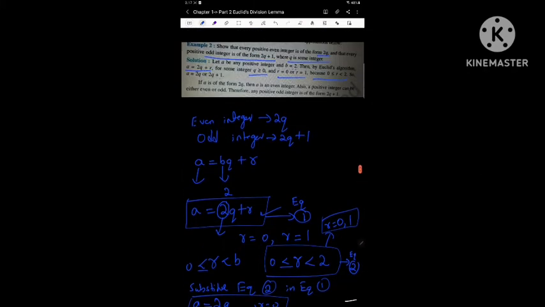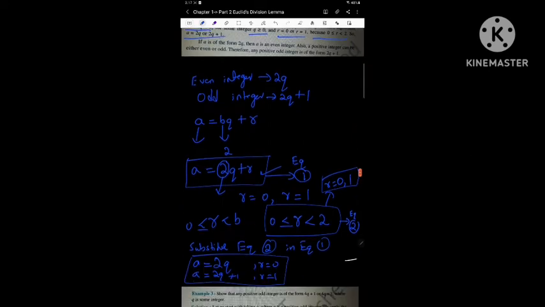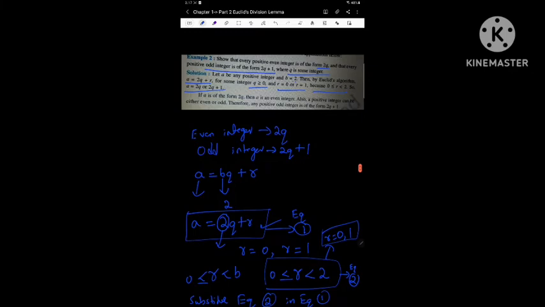So that's what they have written: a equals 2q or 2q plus 1. Right. Now if a is of the form 2q, then a is an even integer because it is a multiple of 2, and we know that anything which is a multiple of 2 is an even integer. Also a positive integer can be either even or odd. Therefore any positive odd integer is of form 2q plus 1, because here we have this 1 as extra.